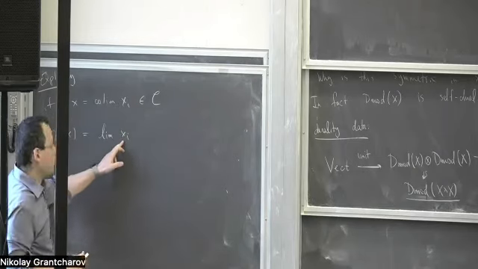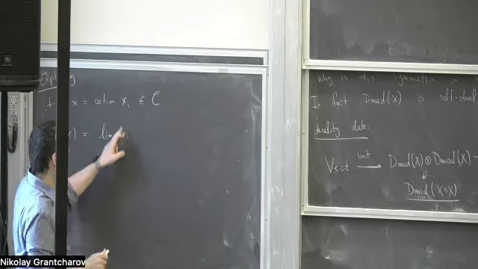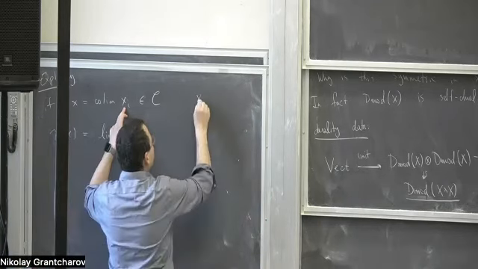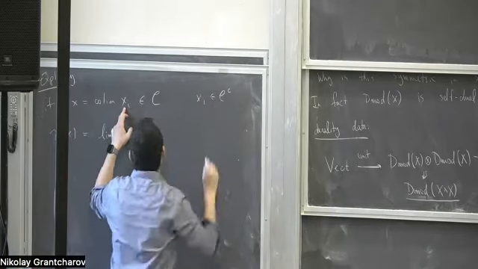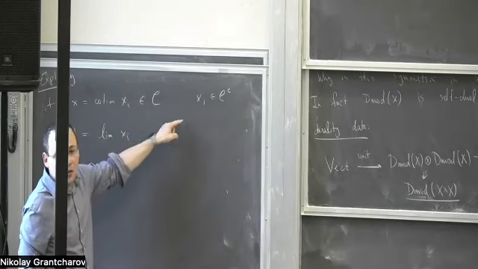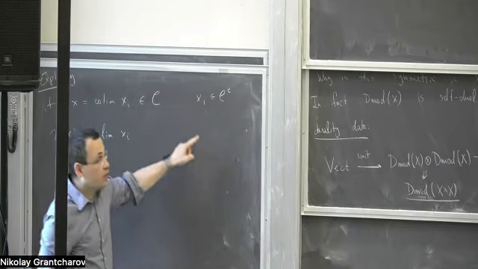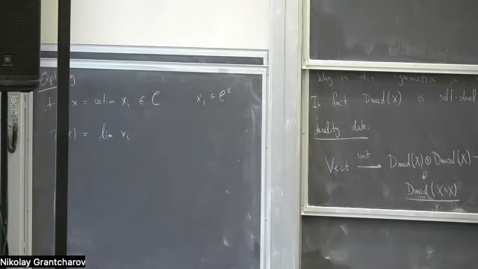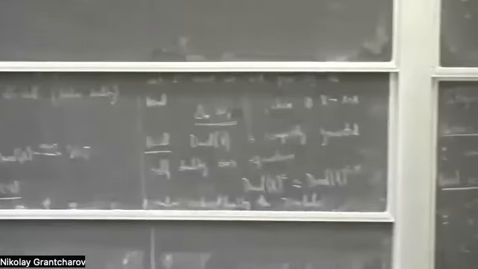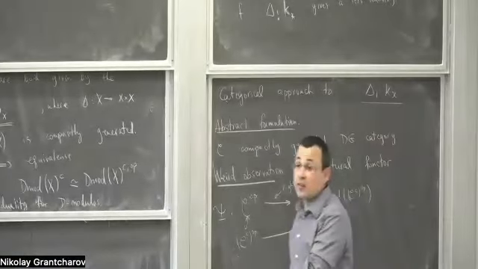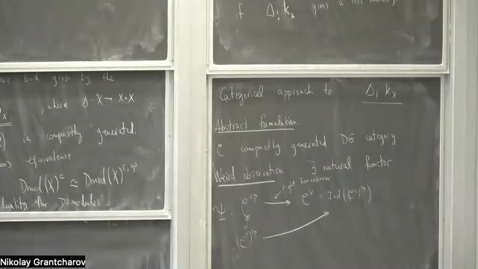I hope it makes sense, because the X_i are compact objects with transition maps, so this is a diagram in the compact objects. You take the opposite. That's a diagram indexed by the opposite category of the compact objects, and you take its limit.